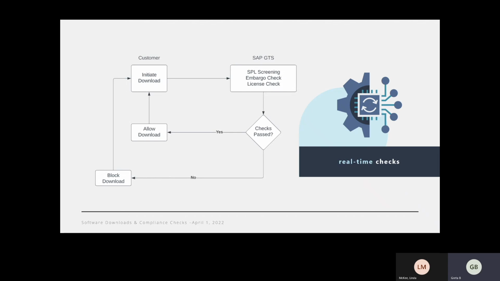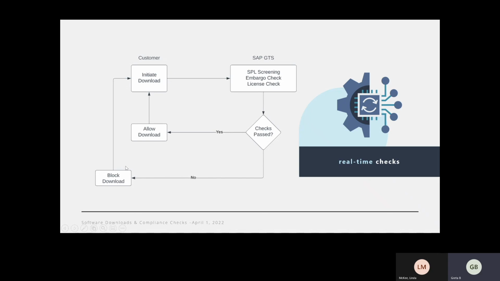This is a high-level flow of screening upon software download. A customer initiates the software download regardless of the platform you use to provide the software. Compliance checks will be performed real-time in SAP GTS. If all checks pass, an individual will be allowed to download the software.